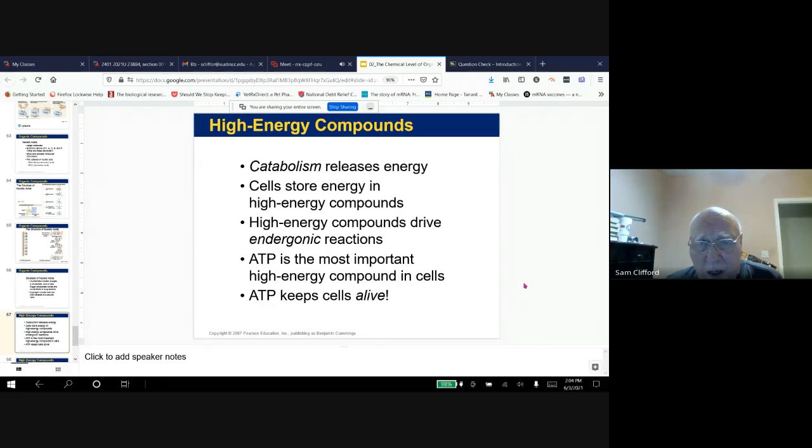So you should know that ATP is a high energy compound whereby energy is stored in order to cause reactions to occur, such as dehydration synthesis and hydrolysis.